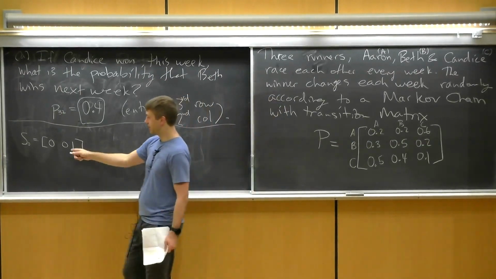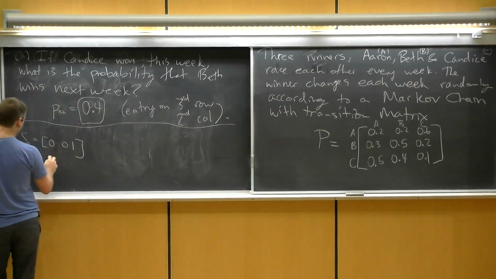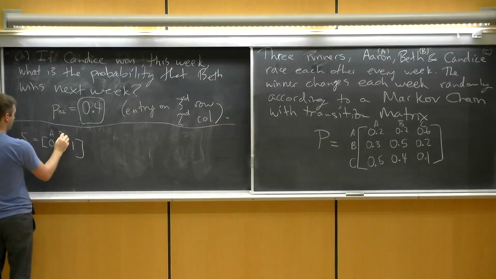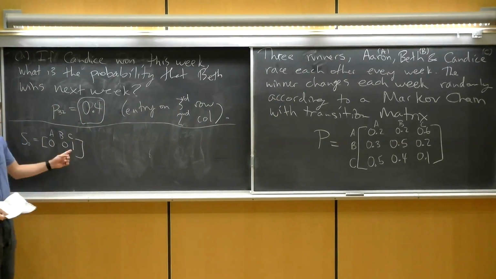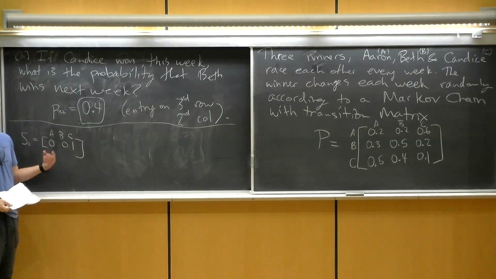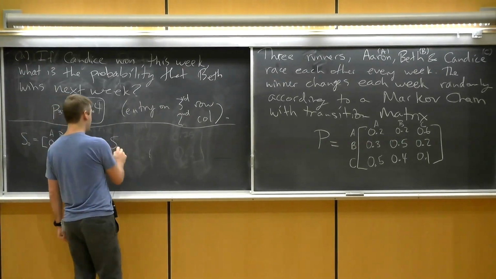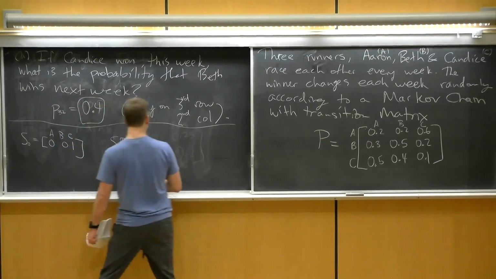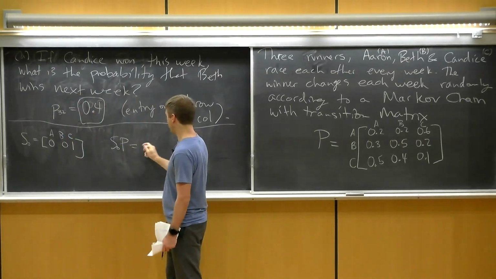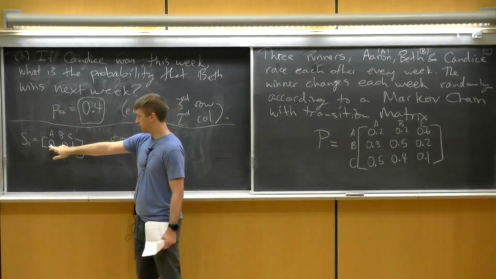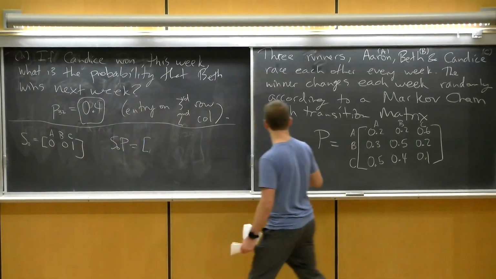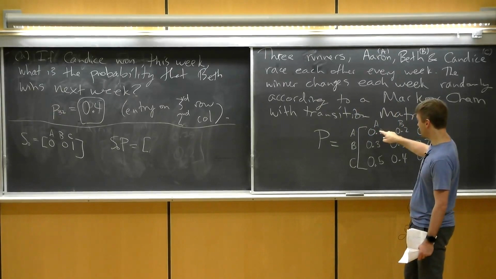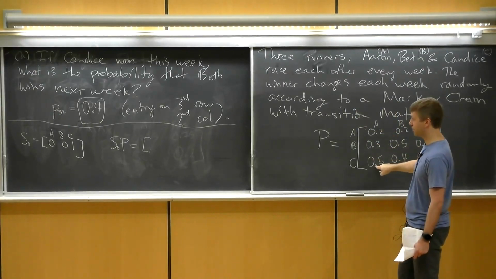This initial state vector means we're assuming Candace won, which means Candace won with probability 1. Then you could take S0 times P, which would be 0, 0, 1 times the first column, which is 0, 0, and then 0.5.